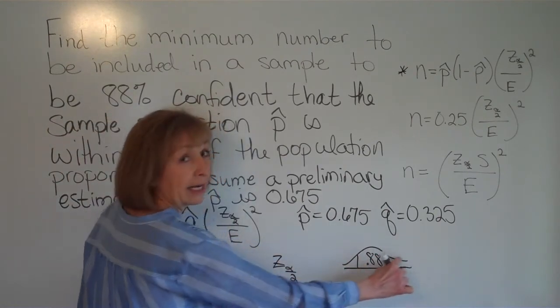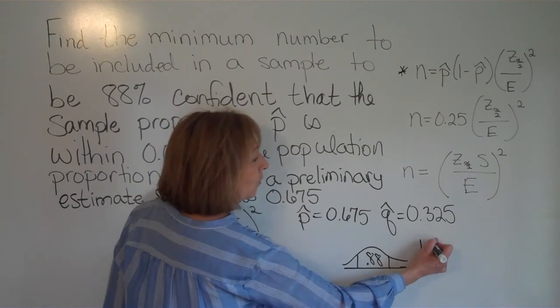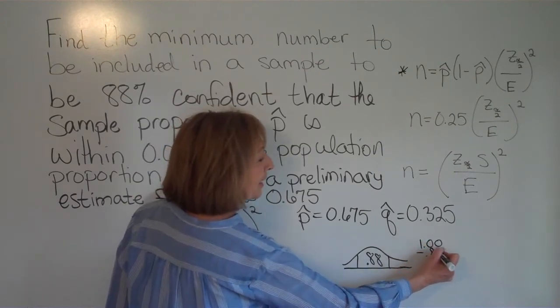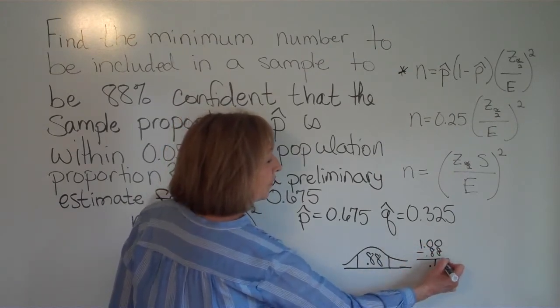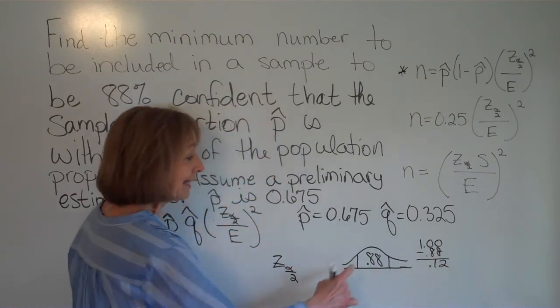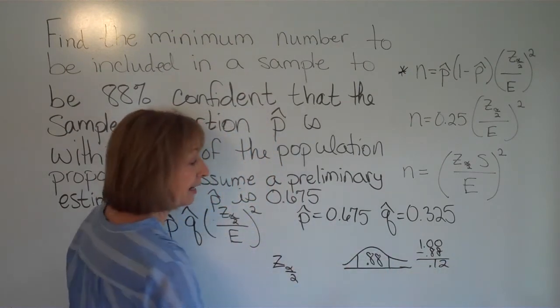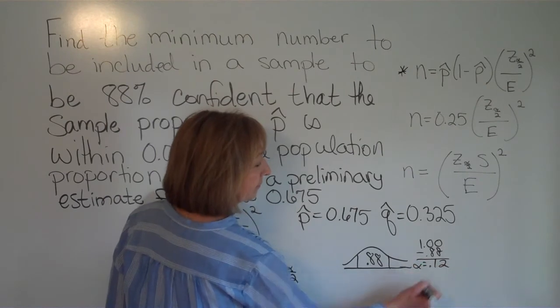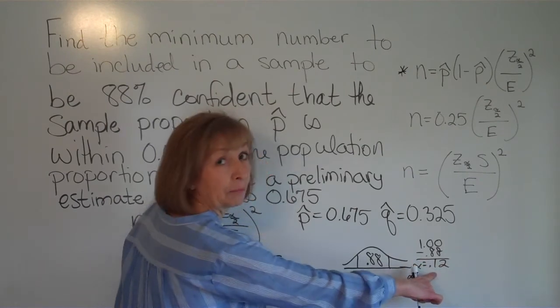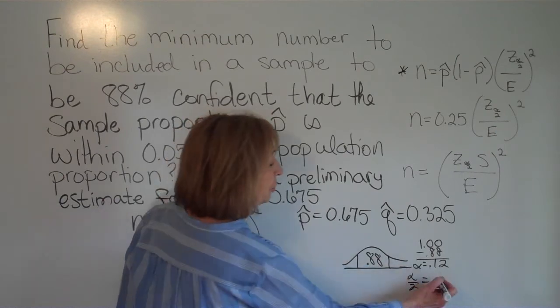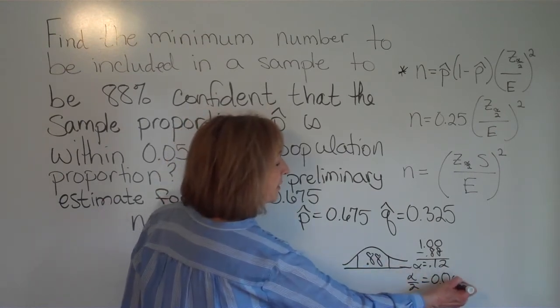And when I take the total area is 1, take 1 minus the 0.88, and I get 0.12. That's how much is shared between the two tails. That's your alpha. When I take alpha and divide it by 2, I'm taking 0.12 and dividing by 2, I get 0.06.